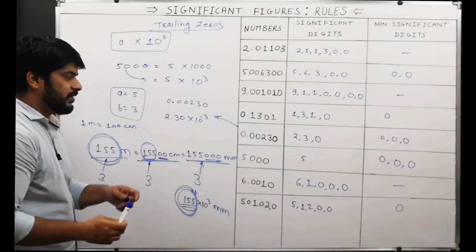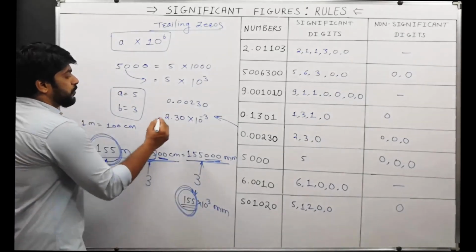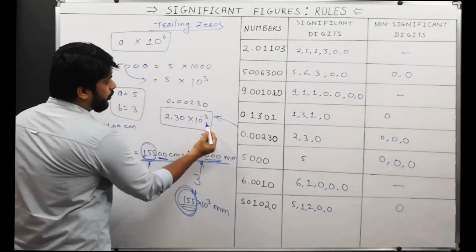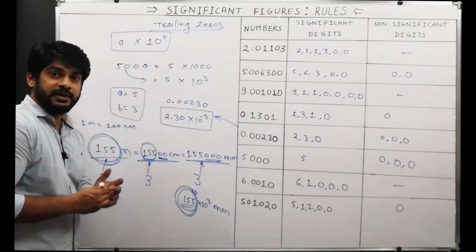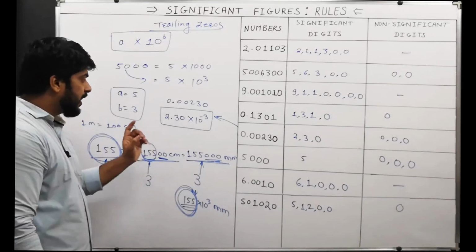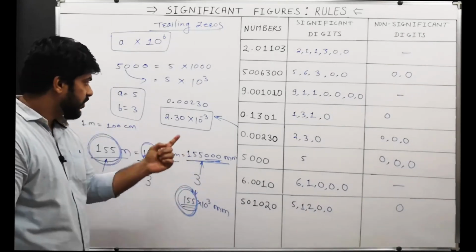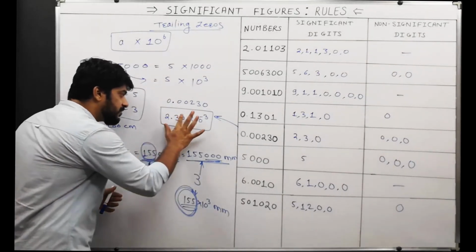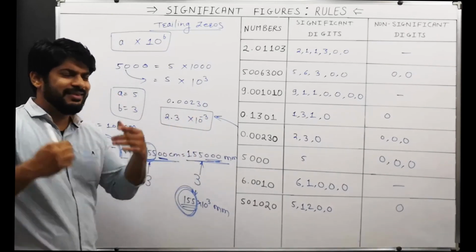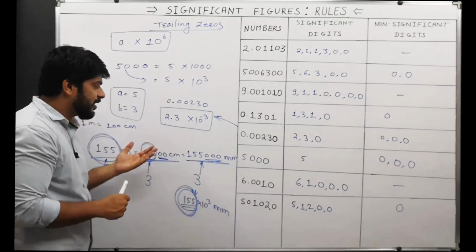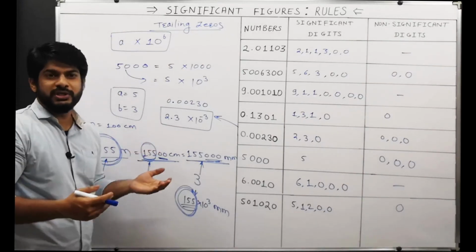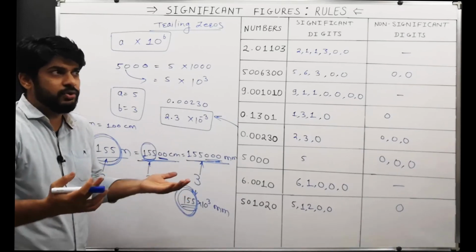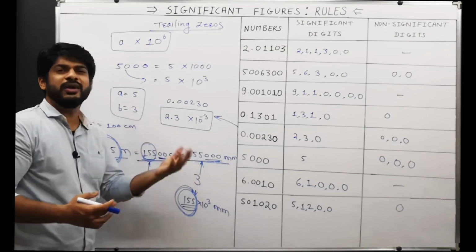You know this already. You can see how we have represented this number in the power of 10 in such a way that the precision is not lost. This number still talks about the precision. I could have removed this 0, you might say, because 2.3 and 2.30 have the same value. So why write that 0?